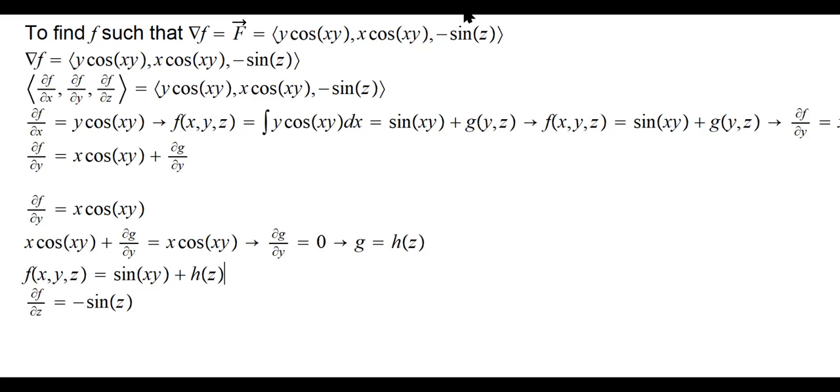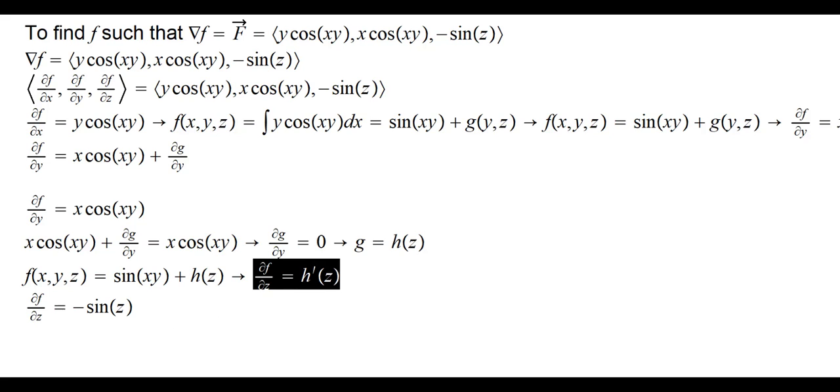So we got df/dz equals, of course, this part would be 0, and this is simply h prime of z, right? Because z is the only one here.